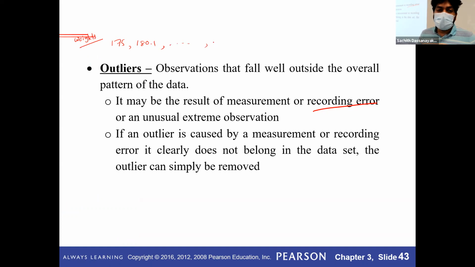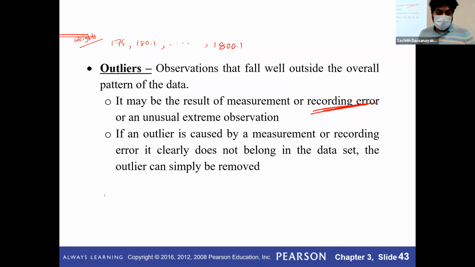But once you record these measurements, accidentally you get something like this. You record 0.1, which means 1800.1, right? Since these are pounds and I'm considering the weights of the students, you can see definitely it's an error, because of a recording error, I wrote it wrong.